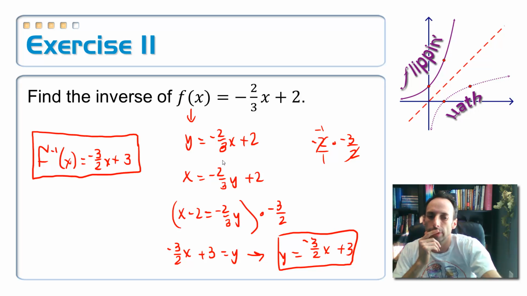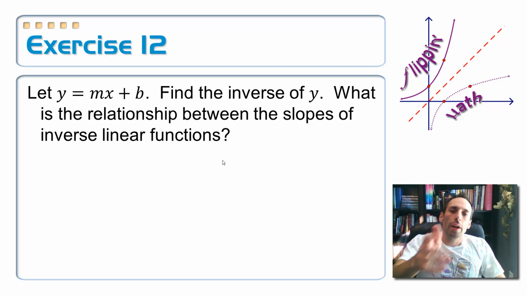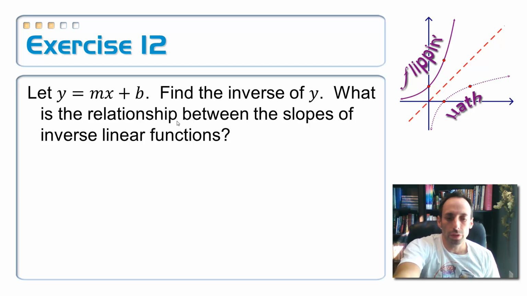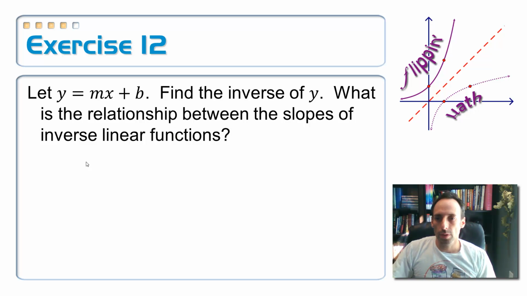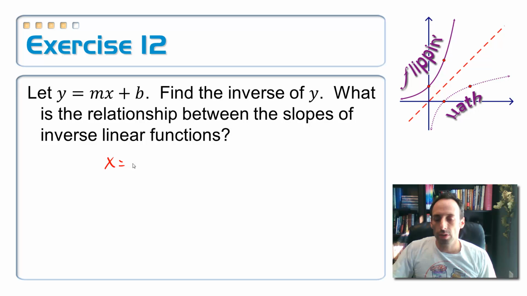Interesting. Well, speaking of that, let y equals mx plus b. Find the inverse of y, and then what is the relationship between the slopes of inverse linear functions? So, when I have y equals mx plus b, to find the inverse, switch the x and the y. So I have x is equal to my plus b. Let's solve it for y.